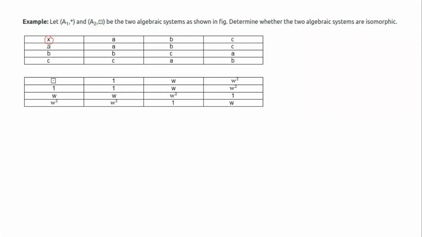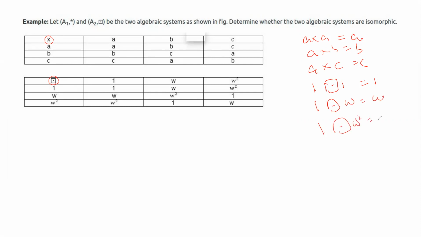So A cross A means the answer is A. If you do A cross B, the answer is B. If you do A cross C, the answer is C, and so on. Similarly, if you apply this dot operator, 1 square dot 1 gives you 1, 1 square dot W gives you W, 1 square dot W square gives you W square.